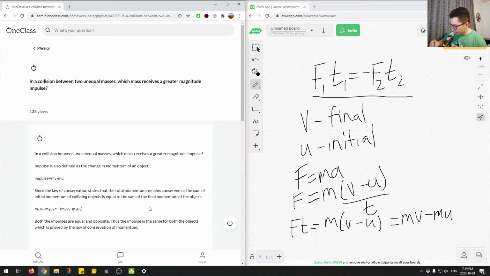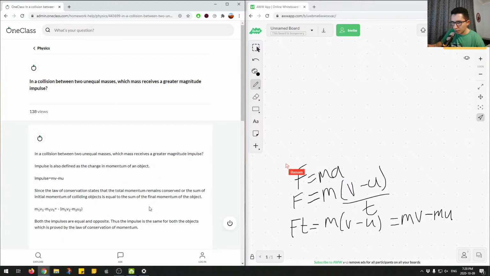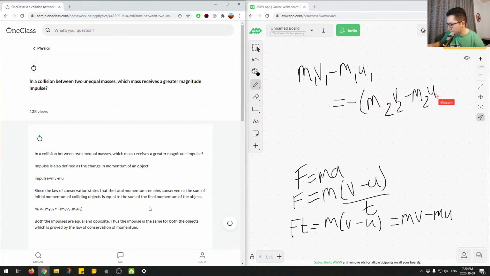Let me write out the equation for the first object colliding: m1 v1 minus m1 u1 will be equal to the negative of m2 v2 minus m2 u2.